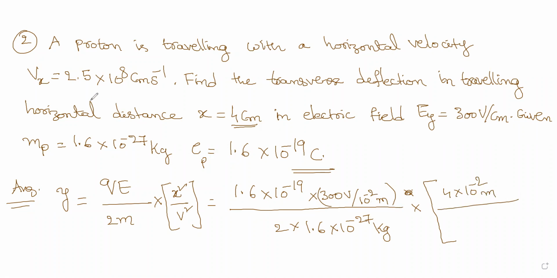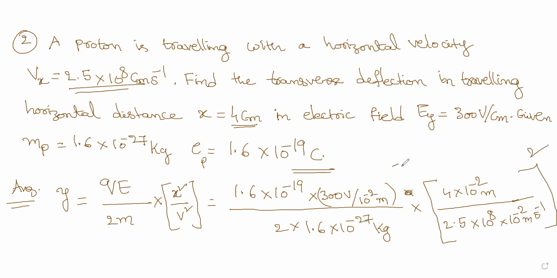And then we have the velocity, that is 2.5 into 10 to the power of 8 centimeter, which we can convert into meters, 10 to the power of minus 2 meter, per second. Here you have to put whole square.